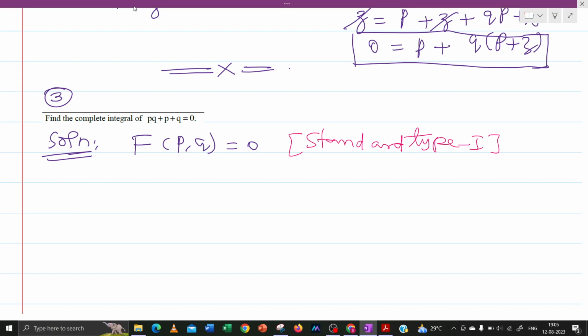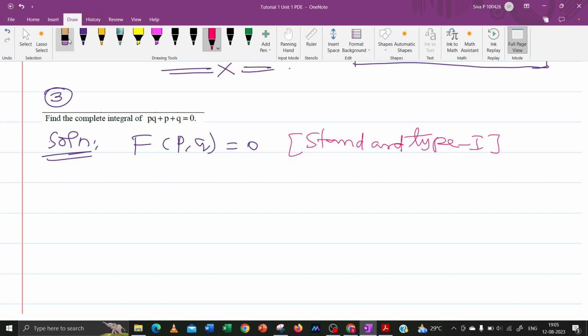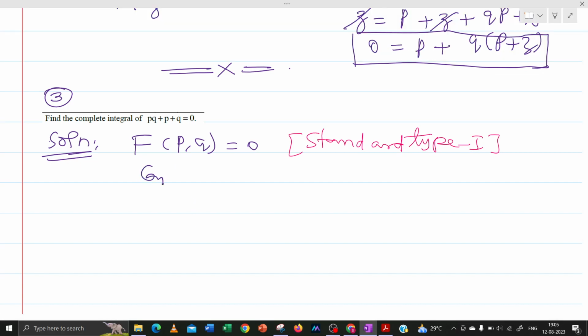So for this, you have to write that given pq plus p plus q equal to 0, which is equation number 1.